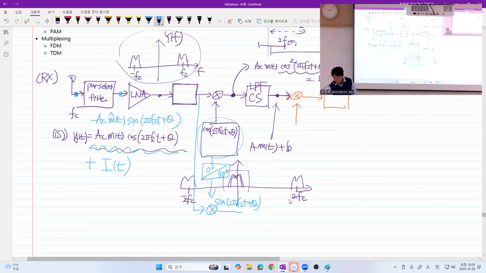And then we have another low pass filter.